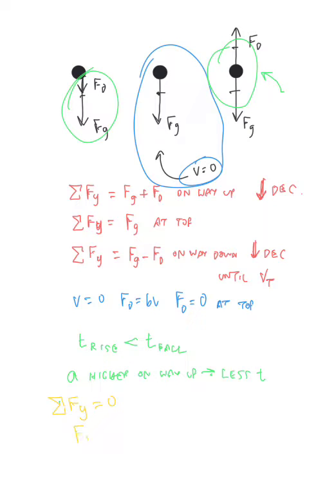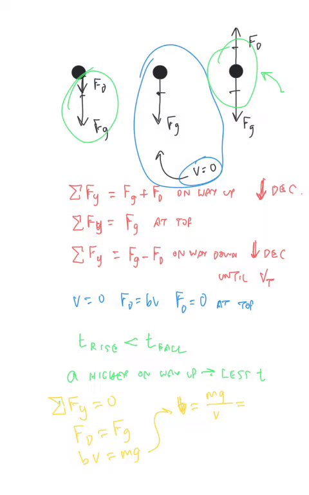So Fd is equal to Fg. Plugging the formulas in, Fd is b times v, Fg is m times g, and then solving this, since we're looking for b, b is equal to mg over v.